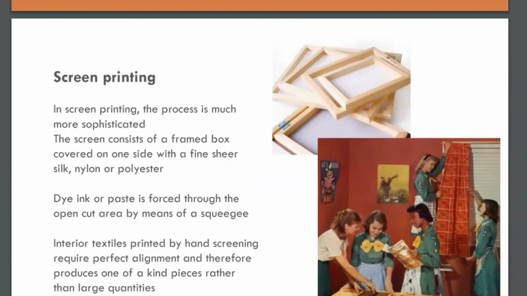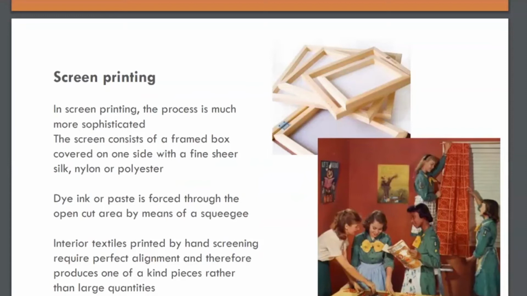Interior textiles printed by hand screening require perfect alignment and therefore produce one-of-a-kind pieces rather than being suitable for large quantities. So I did take a screen printing class at ASU, and let me just first say, if you use one color to screen your designs through, it's a lot of fun.